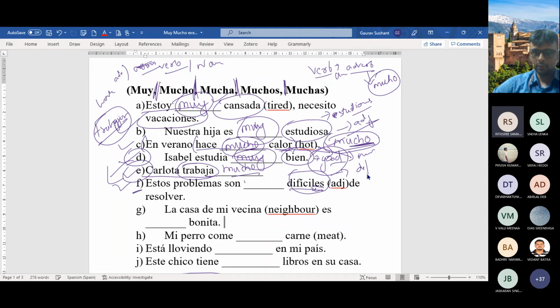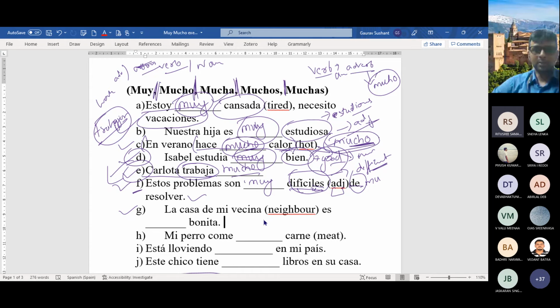It is difficult, an adjective. So if it is an adjective, then muy. Exactly. Difficulty cannot be measured. The meaning is these problems are very difficult to solve. De resolver is the expression, which in English refers to resolve.